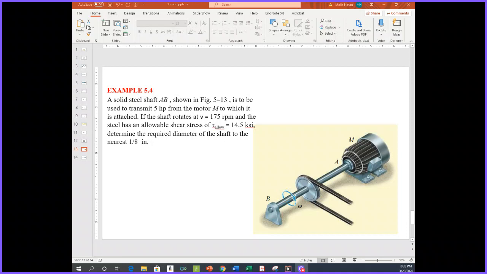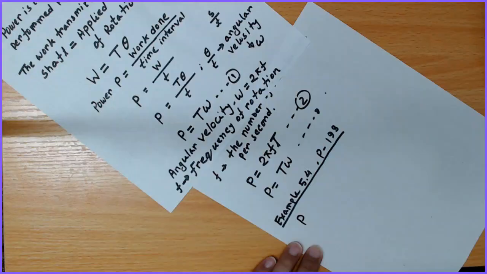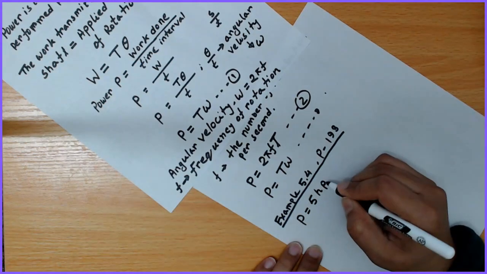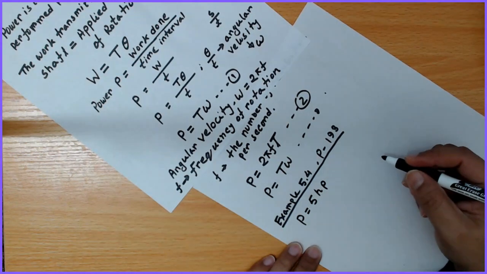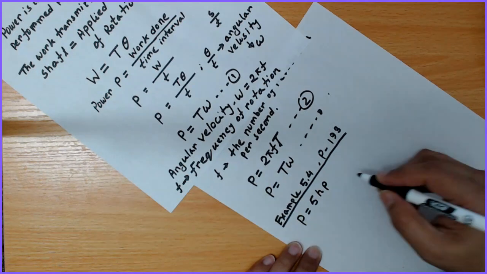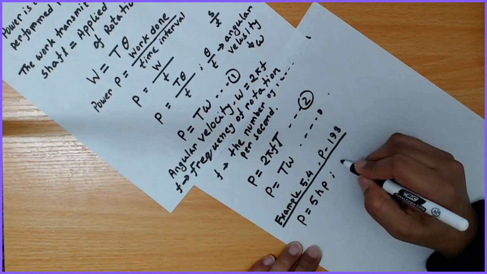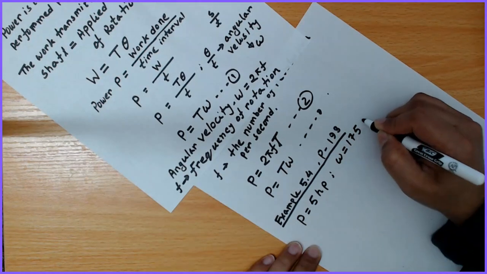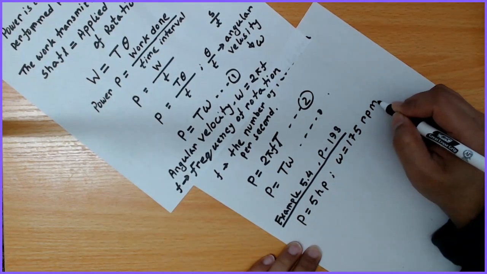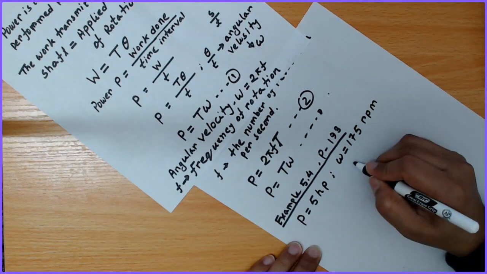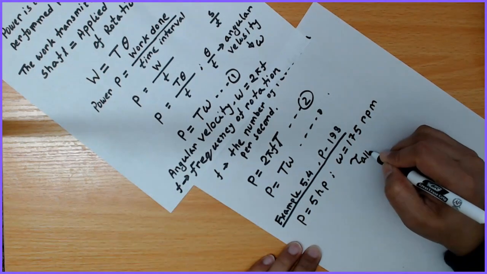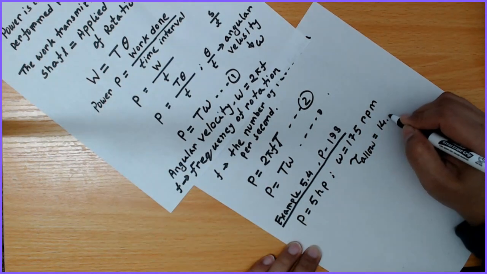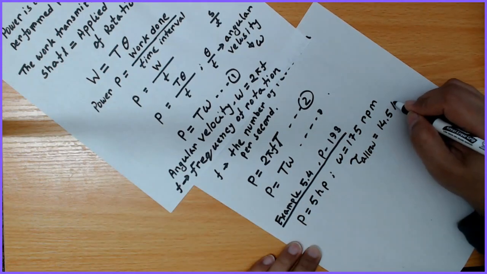So P is given: P is 5 horsepower, and the angular velocity omega is 175 rpm, and the allowable stress tau allowable is 14.5 ksi.